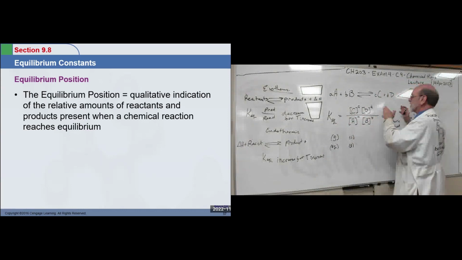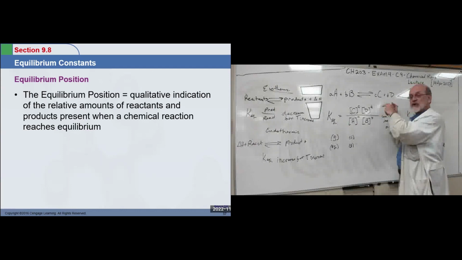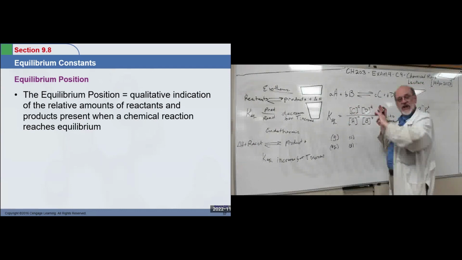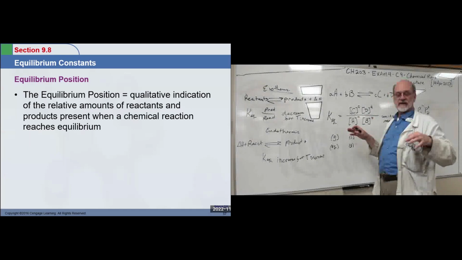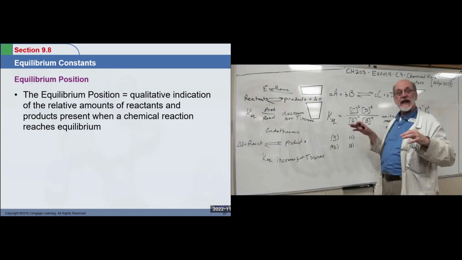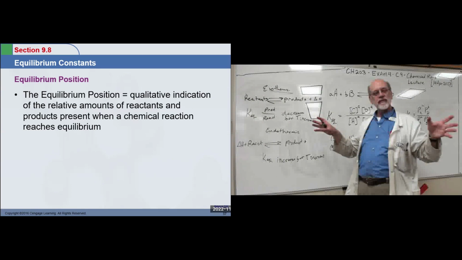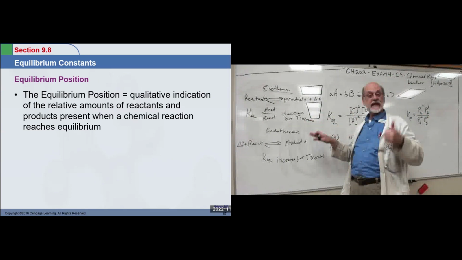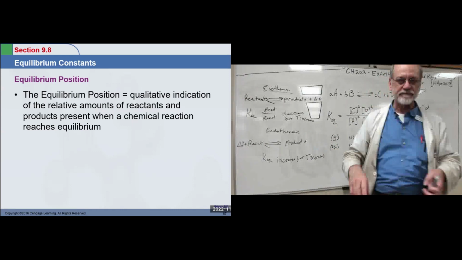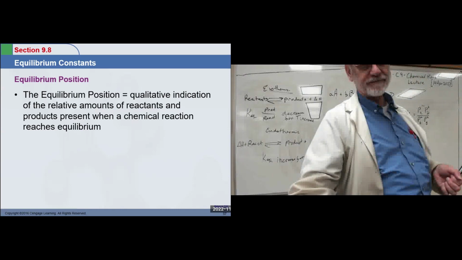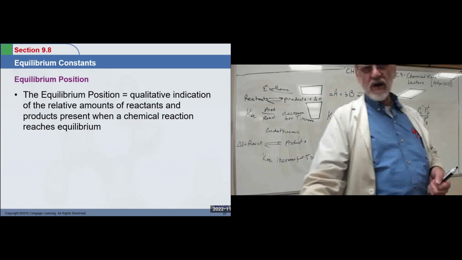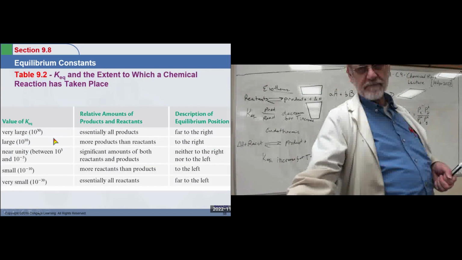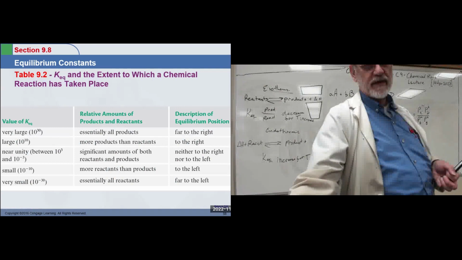And if we add one of these products, we shift the reaction to the left and we change the equilibrium position. Okay, so you can have multiple different equilibrium positions, but only one equilibrium constant for any given temperature. Okay, this is table 9.2 in your book. It just summarizes everything for you.